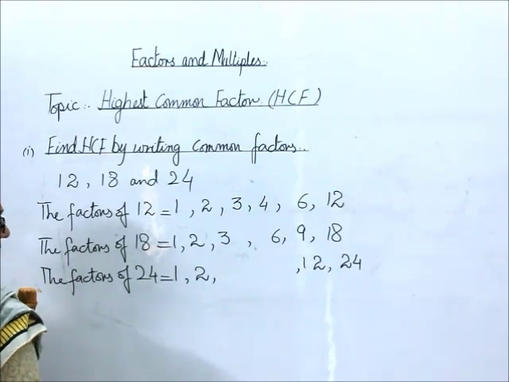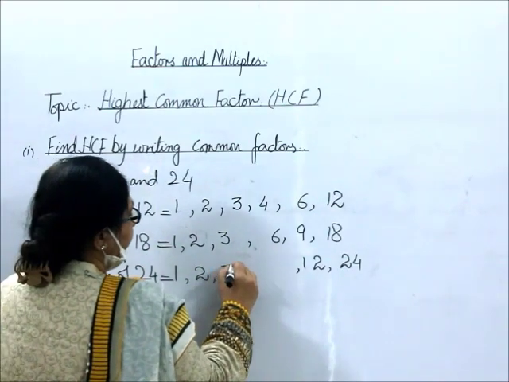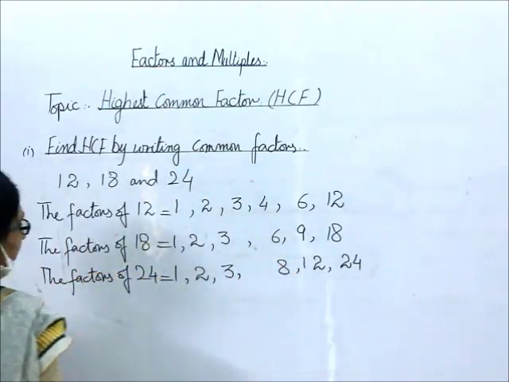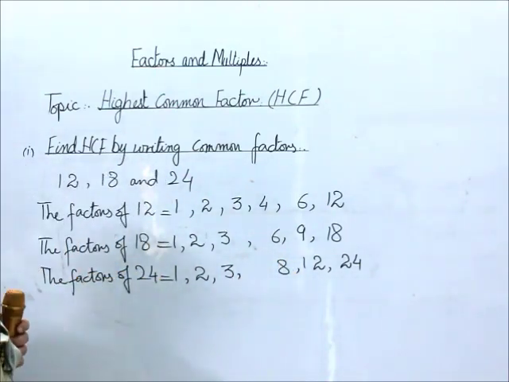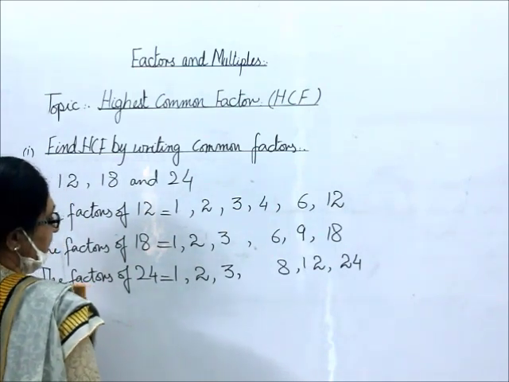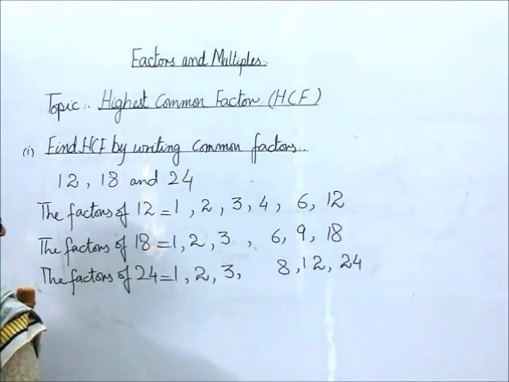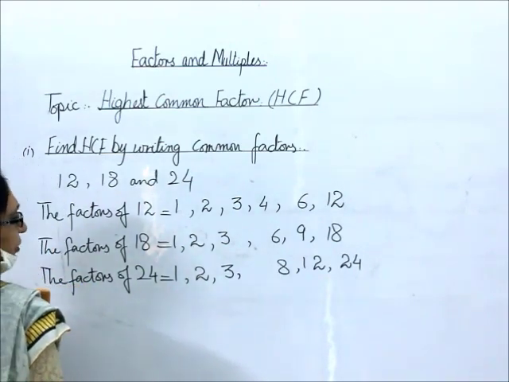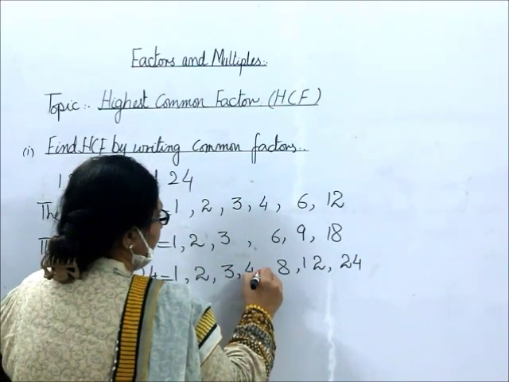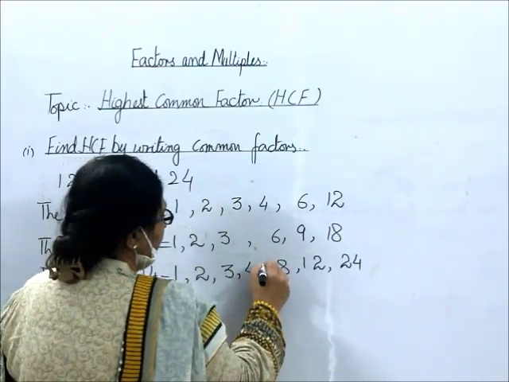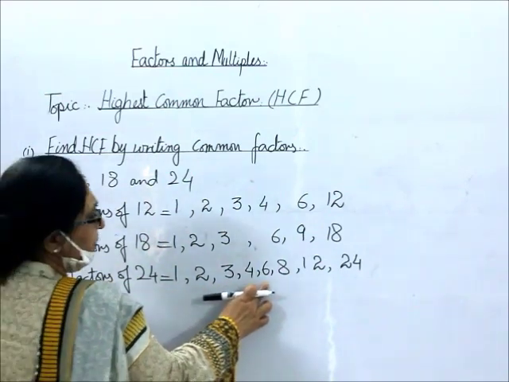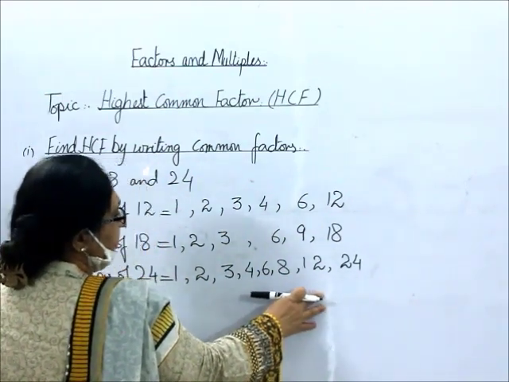Next we will check it by 3. 3 eights are 24. After 3 we have the table of 4. So let's read out the table of 4 and find whether it is divisible by 4 or not. 4 sixes are 24. It means it is completely divisible by 4. The factors of 24 are now 4 and 6. So you can see this is the complete set of factors of 24.